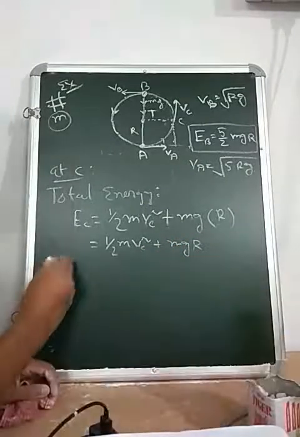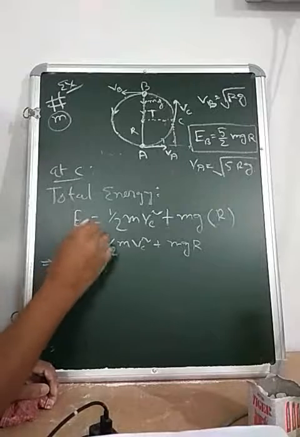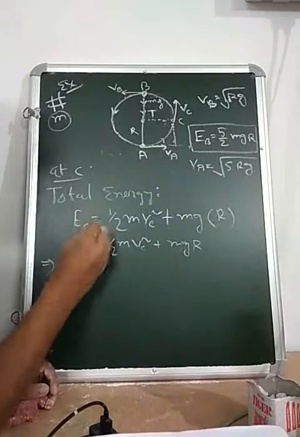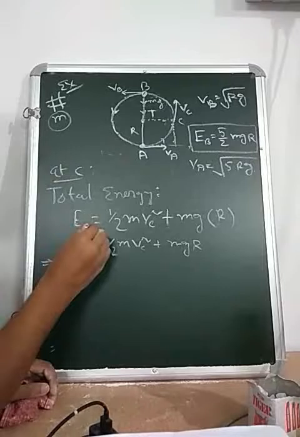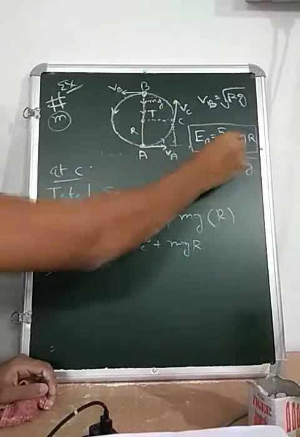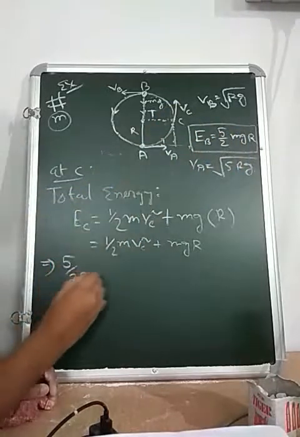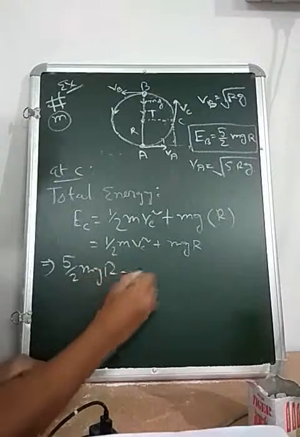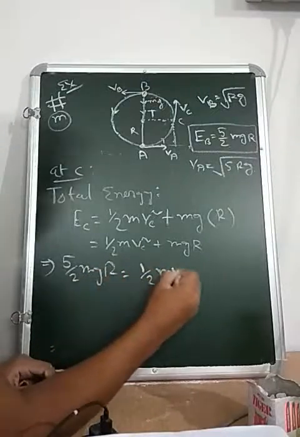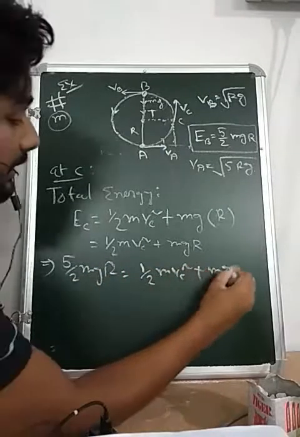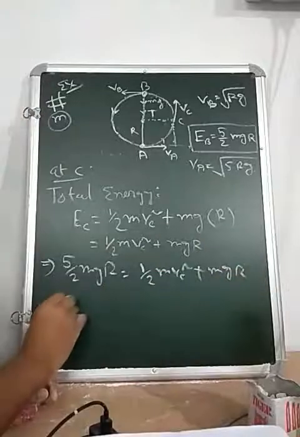What do we have from the law of conservation of energy? Total energy is constant, so the energy at point C will also be this much. So 5/2 mgr is equal to half m Vc square plus mgr. If we solve this, what do we get?